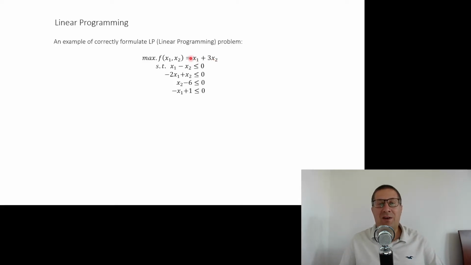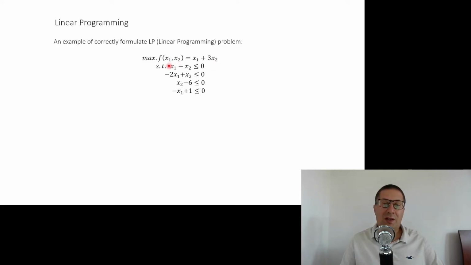The income for each item of product A is $1, and the income from a single item of product B is $3. So by maximizing this function, we'll maximize our incomes, our profits.